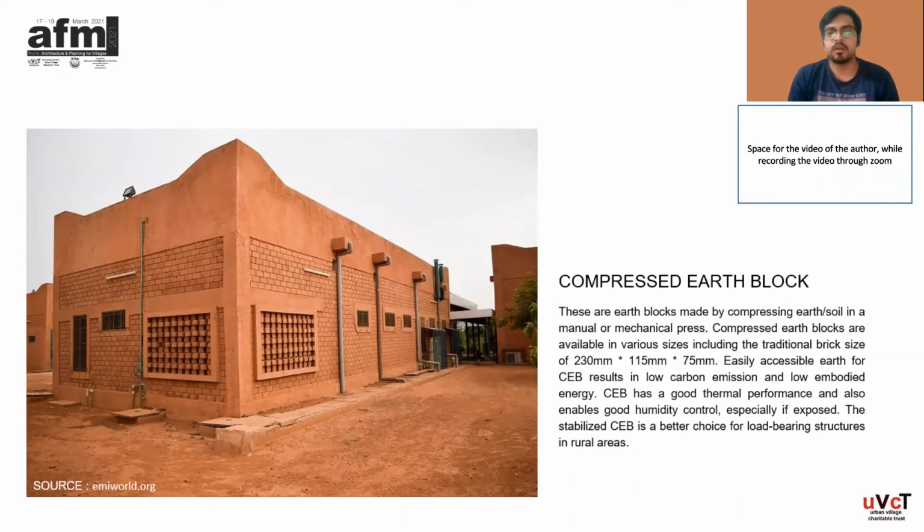Easily accessible earth for CEB results in low carbon emission and low embodied energy. CEB has a good thermal performance and also enables good humidity control, especially if exposed. The stabilized CEB is a better choice for load-bearing structures in rural areas. Let's move to the next slide.